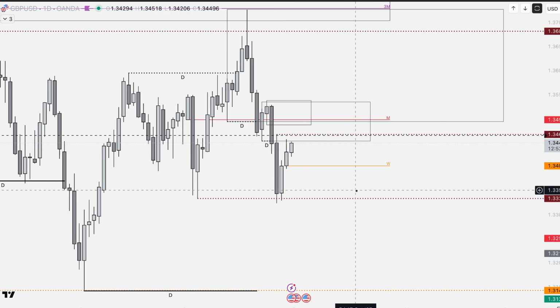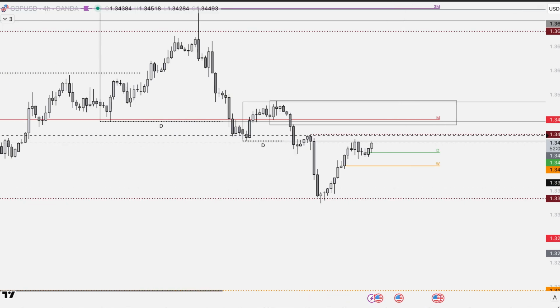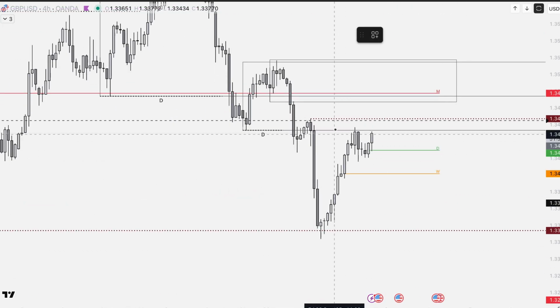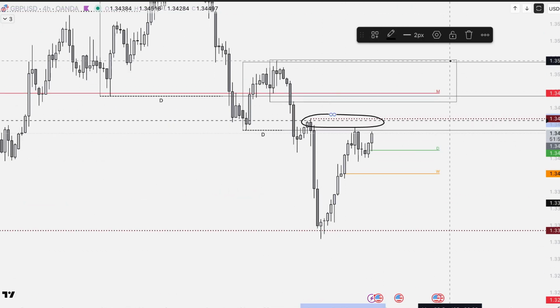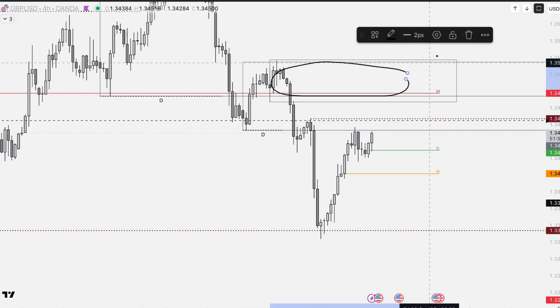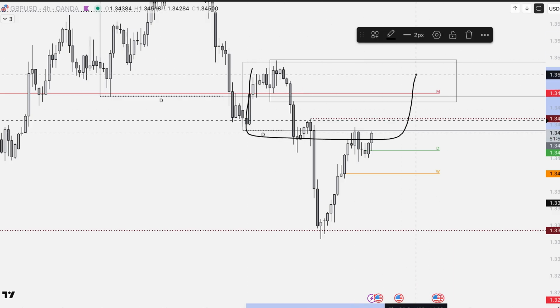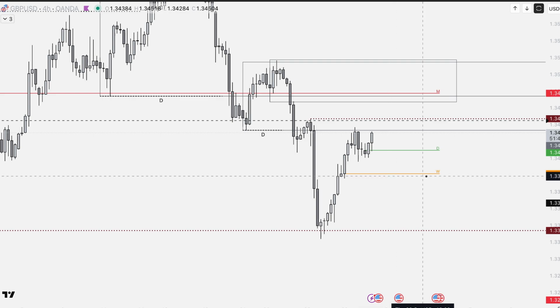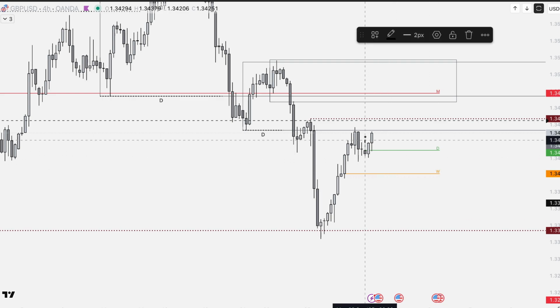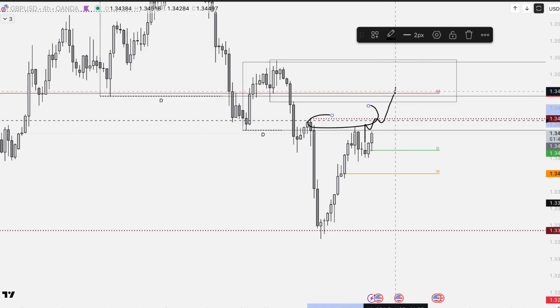So I change into the 4-hour time frame, and here you can see we have a liquidity high situated over here, and here a 4-hour supply zone stacked into the daily supply zone. So my plan is to look at market to take out this liquidity high, then tapping into the supply zone, and then wait for a 4-hour change of character.